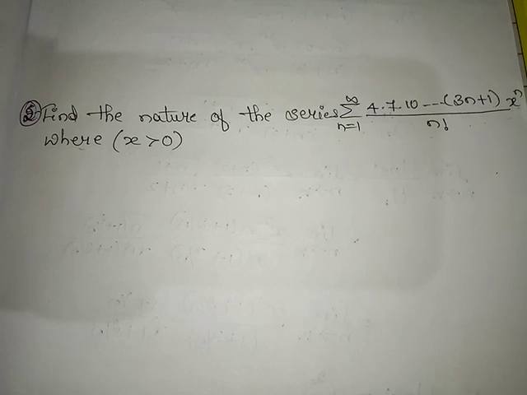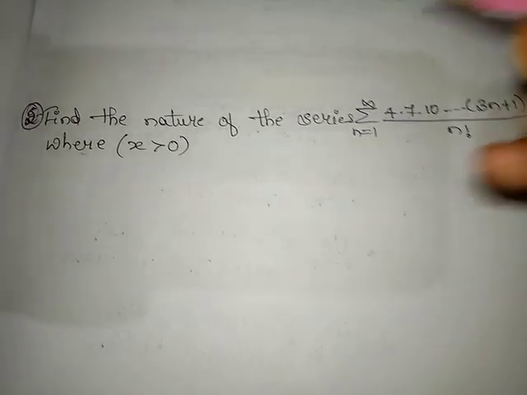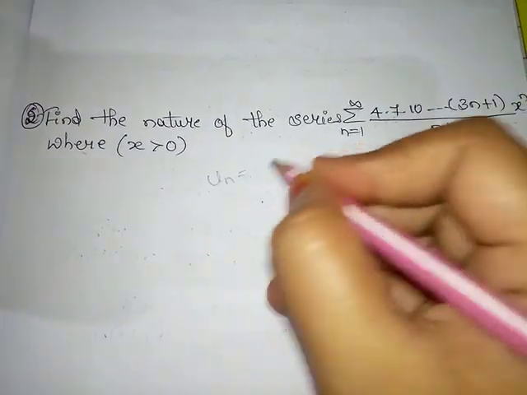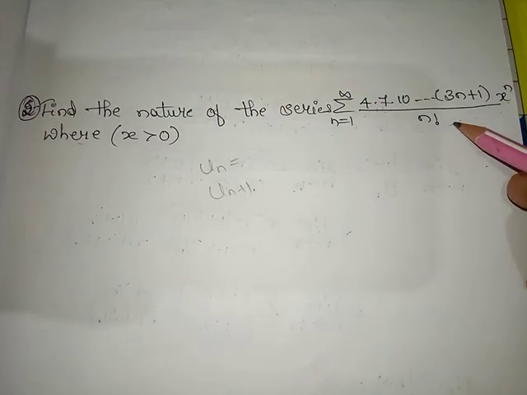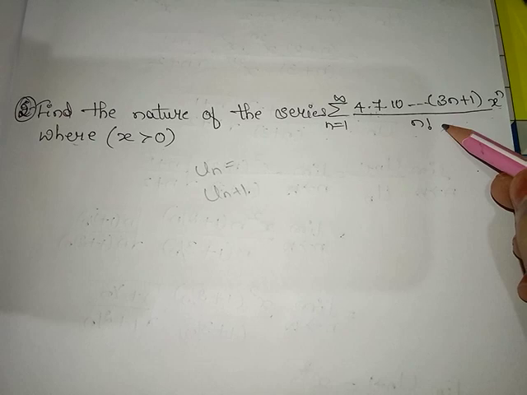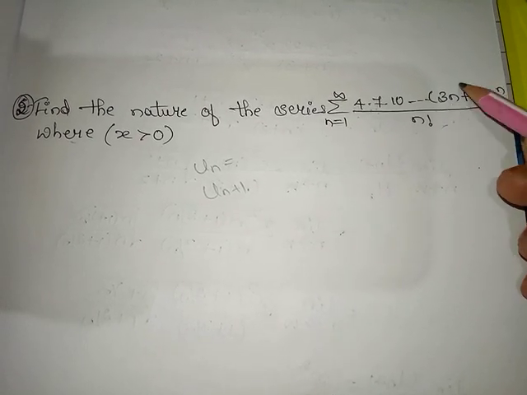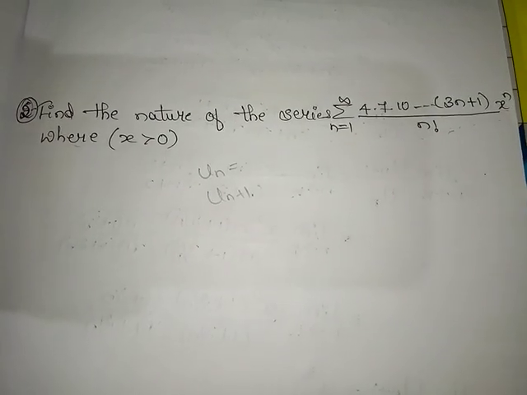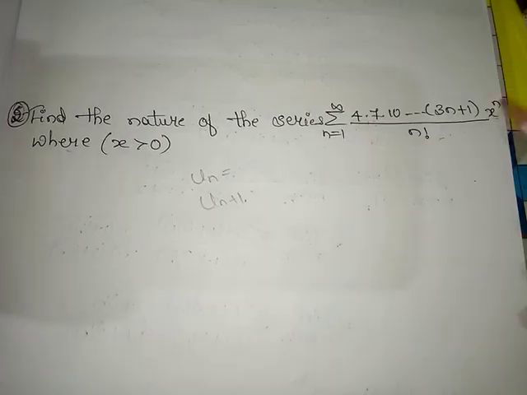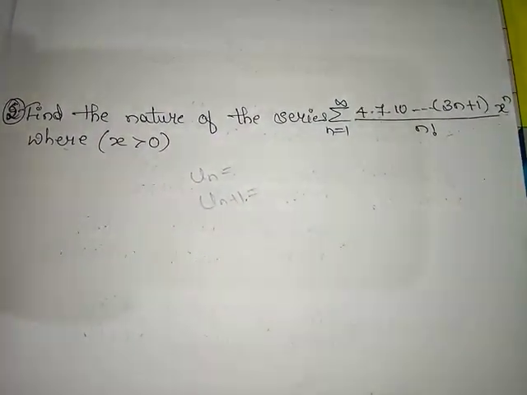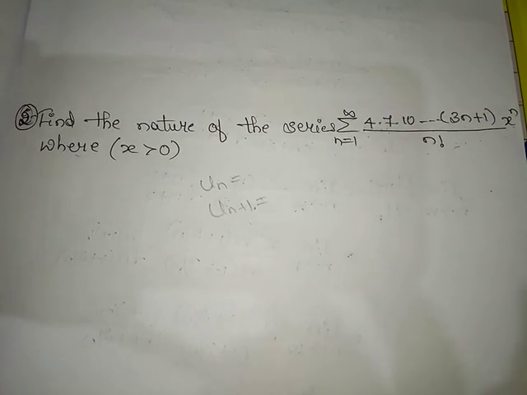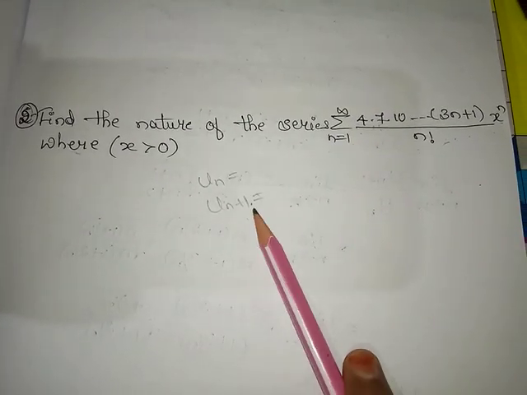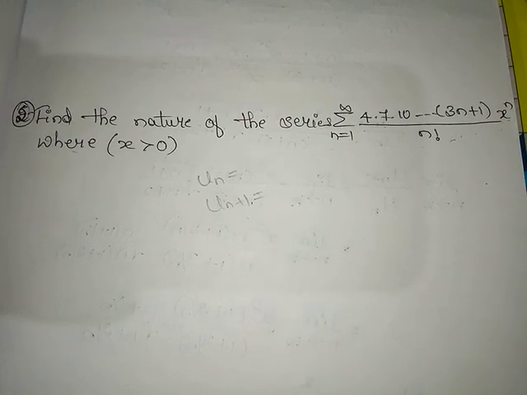Just write what will be your un, then write un plus 1. Here also the results on factorials will help you to solve this one. Now you have to use those results. First write un, then find what will be your un plus 1. After that, go through un plus 1 divided by un.